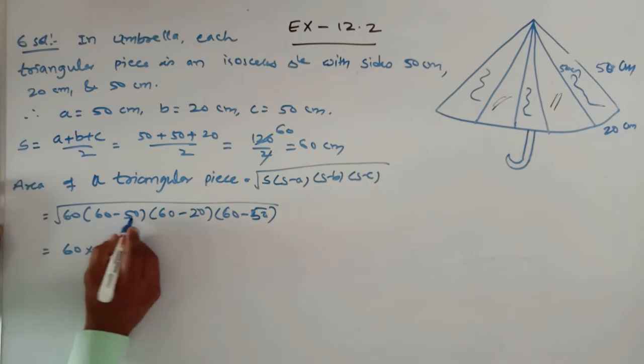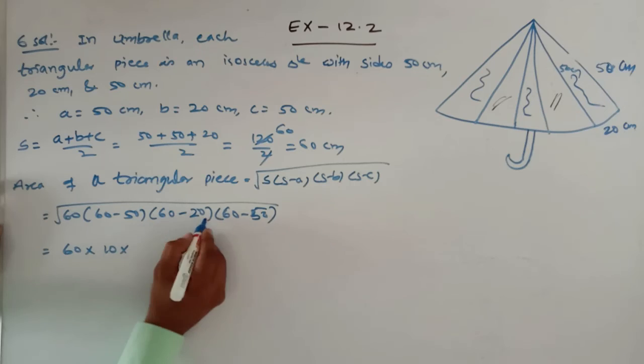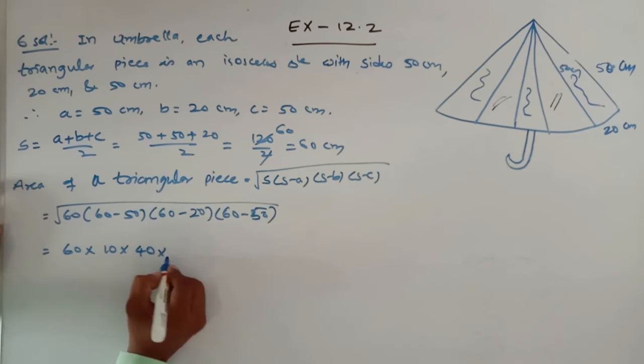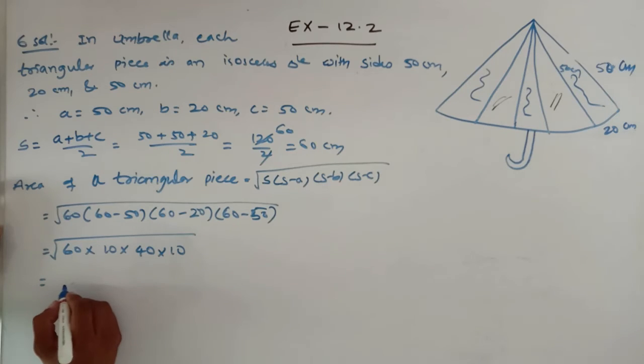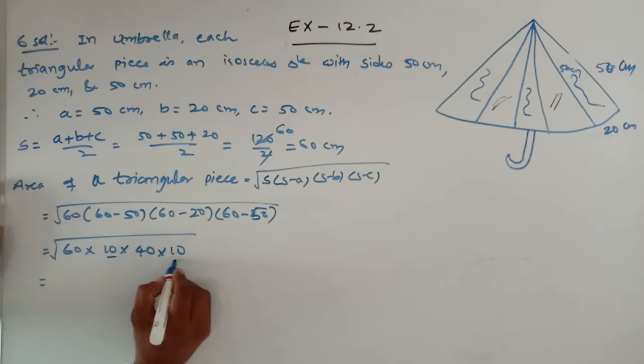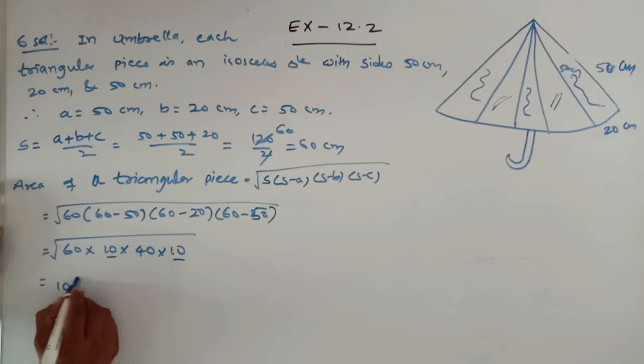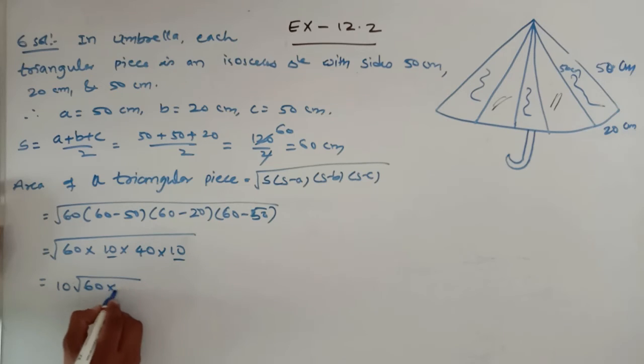60 into (60 minus 50) is 10, 60 minus 20 is 40, into 10. Here two tens are there, I am taking 10 out, then that will be 60 into 40, that is 10 into 6 into 10 into 4.